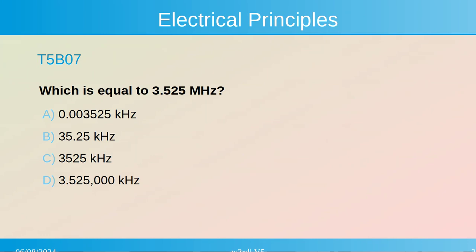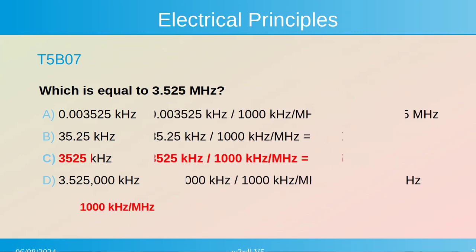So we're going from megahertz to kilohertz, and there's 1,000 per, so it's got to be a larger number. I'd be looking at C then, 3525. All right.